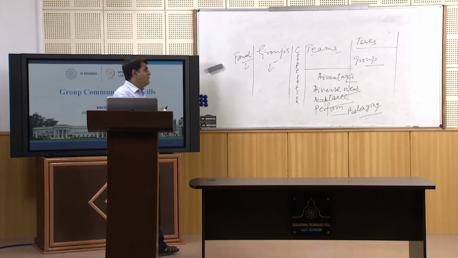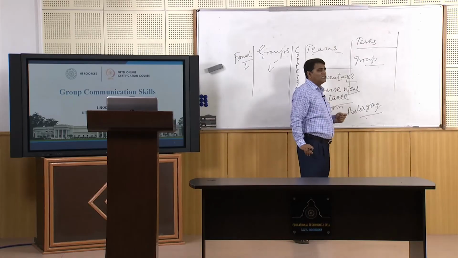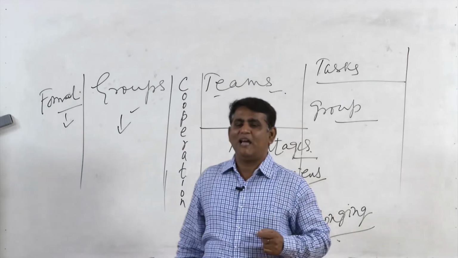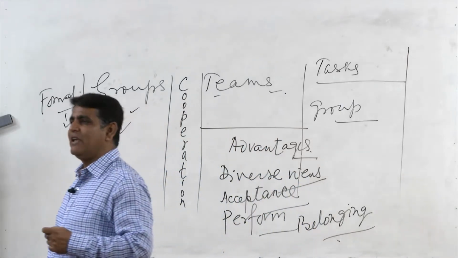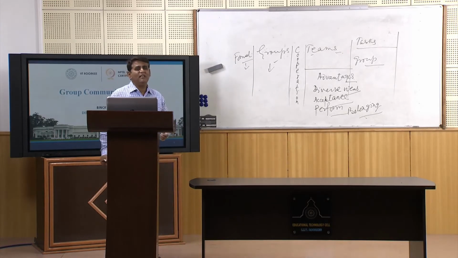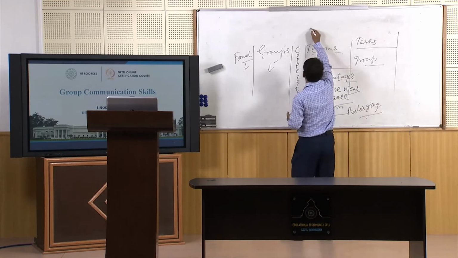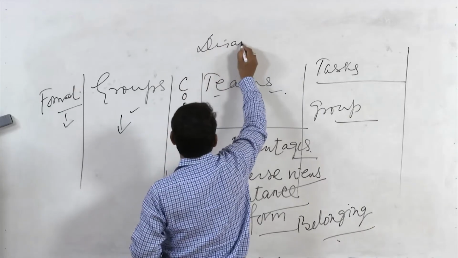But remember, anything that has a merit also has a demerit. Every coin has two sides. Of course, being in a group has so many advantages, but it is not devoid of disadvantages as well. There are several disadvantages also.